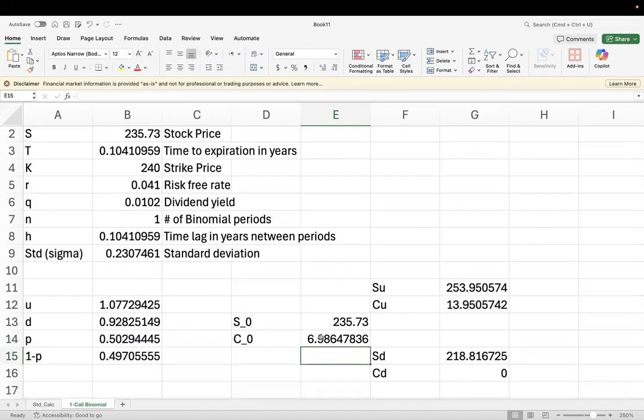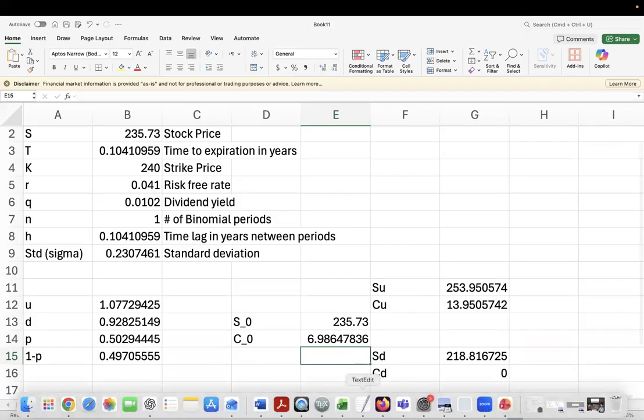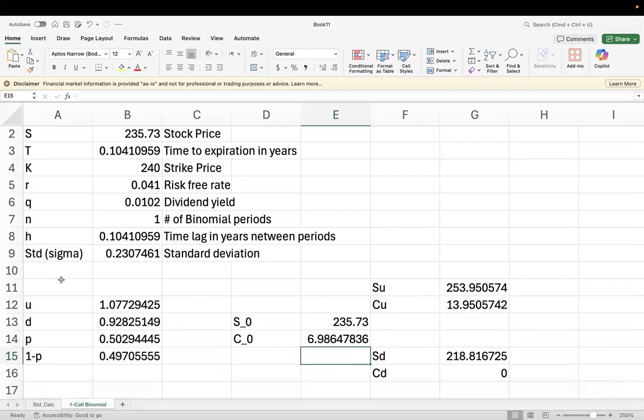So the prediction of the 1-3 binomial model is $6.98. And just as a reference, we can write here the actual price, just something for fun.